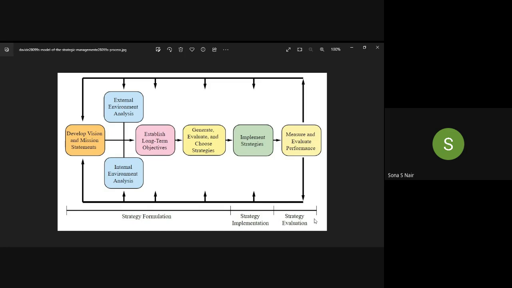From there, we'll go on to block number 3, where we would discuss the different strategies in detail, how we go about choosing these strategies for different kinds of industries, and what the criteria will be to evaluate the various strategies available to us, and then choose those most appropriate for the situation we are in right now.